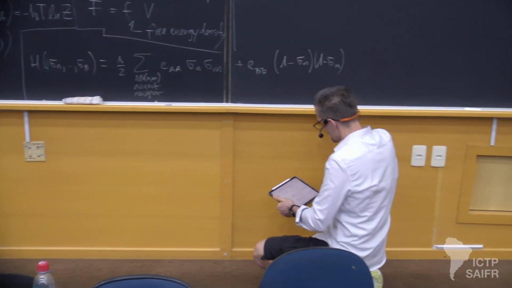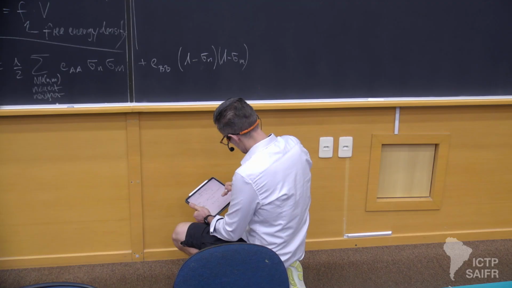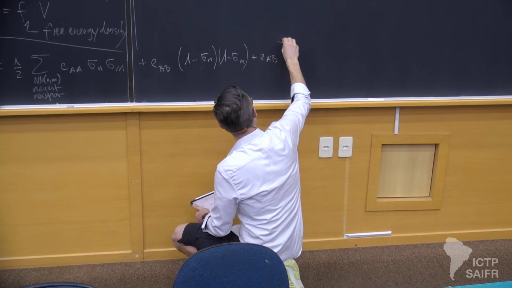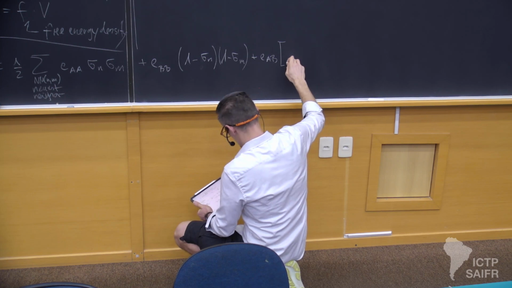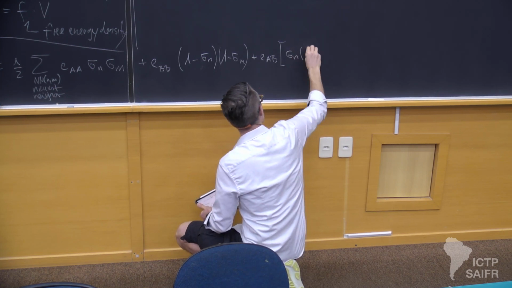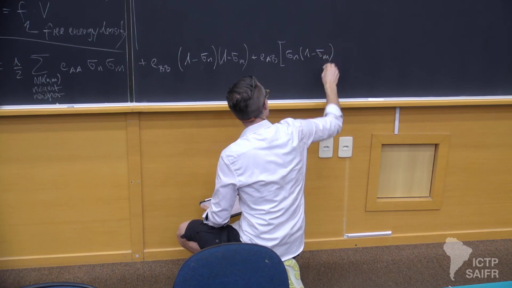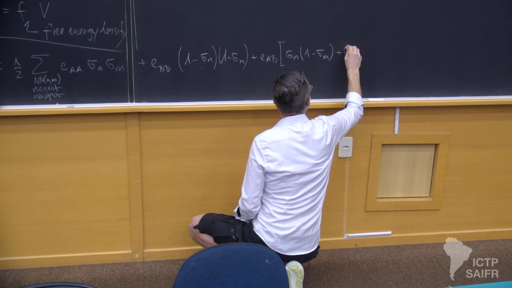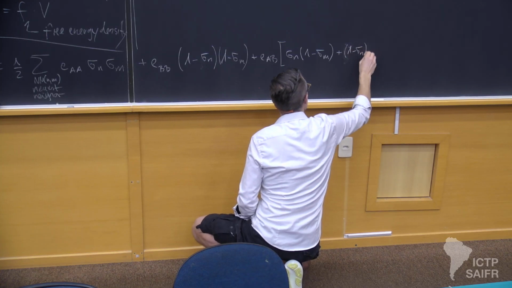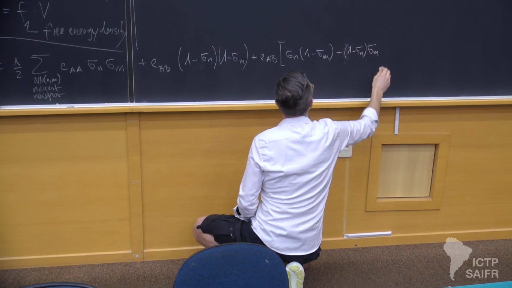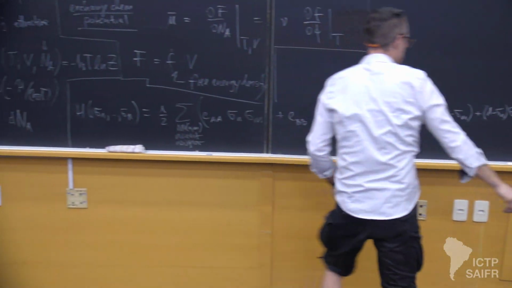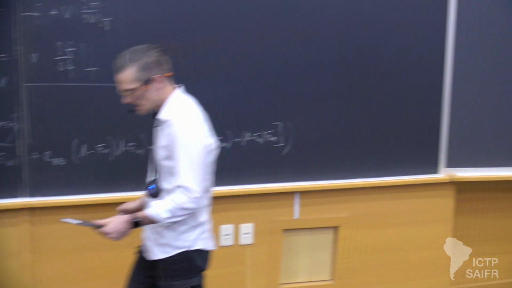And for the interaction between A and B, we write it in a symmetric way: sigma n times 1 minus sigma m plus 1 minus sigma n times sigma m. Okay, so you see this is the sum of all this. This is the Hamiltonian we look at.